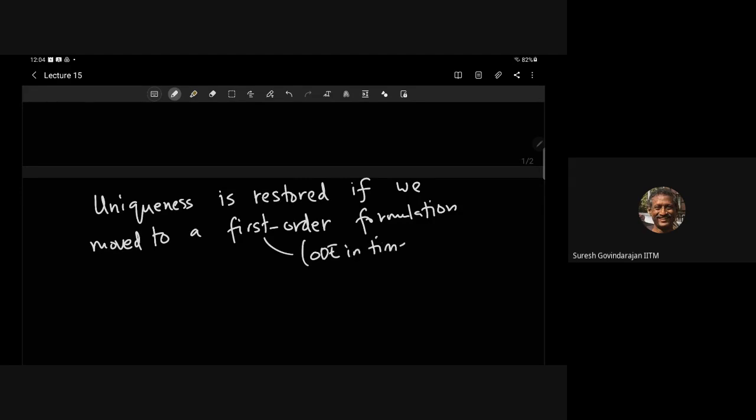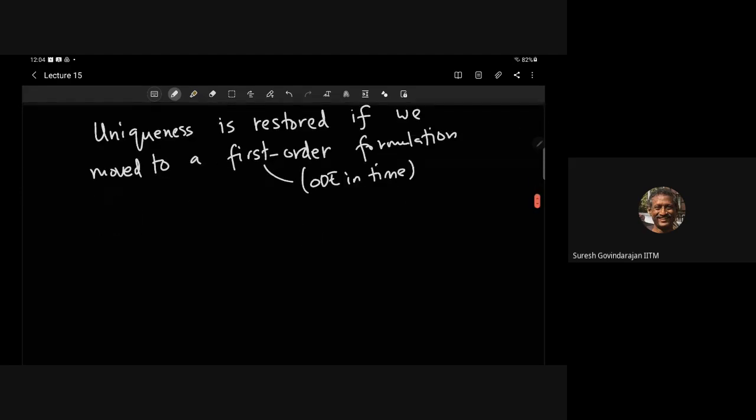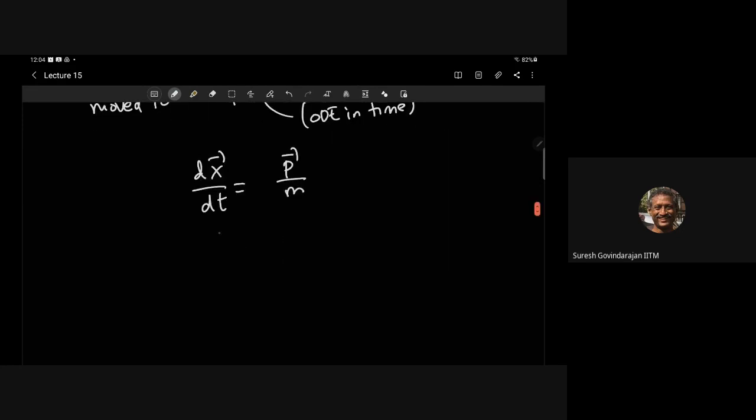So we do that in the following way. We define P, actually I should write it in a slightly different way: dx by dt is equal to P by m, and dP by dt, what is that equal to? Minus gradient of V.